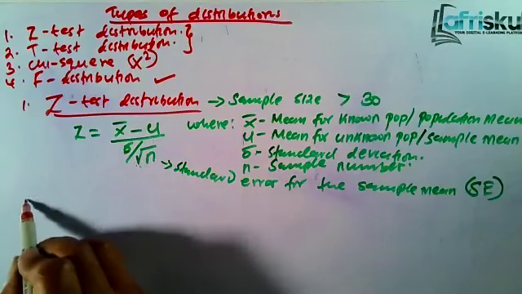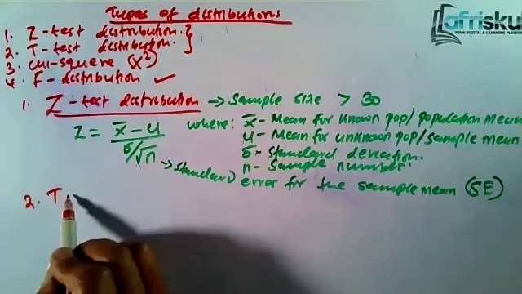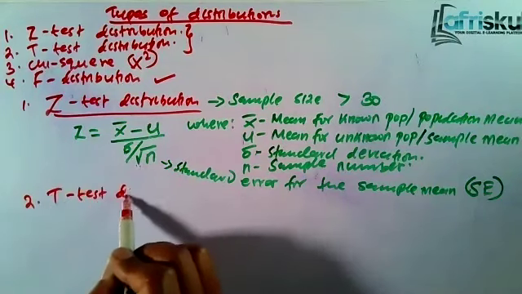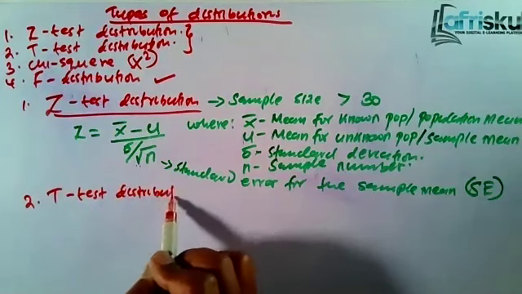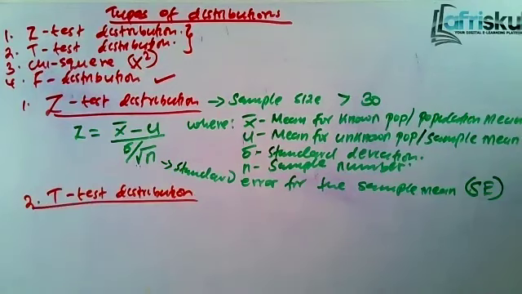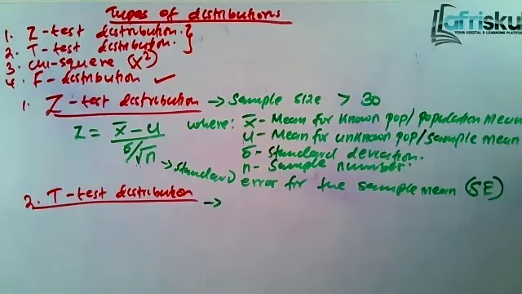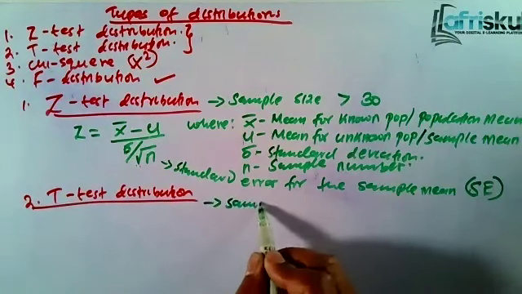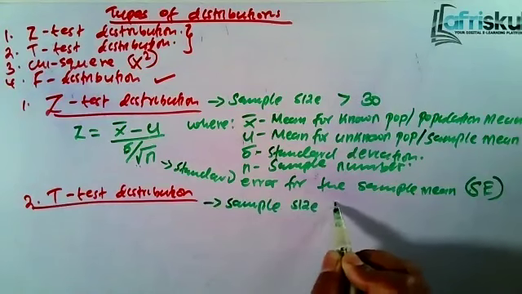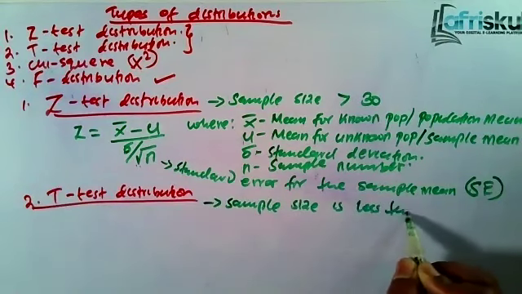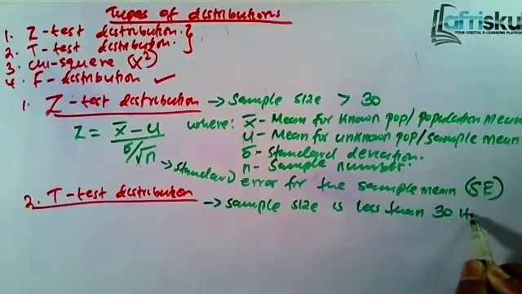Then number 2, we have the T-test distribution. The t-test distribution is applied where the sample has been randomly selected from an infinite population, and it is used when the sample size is less than 30 items.